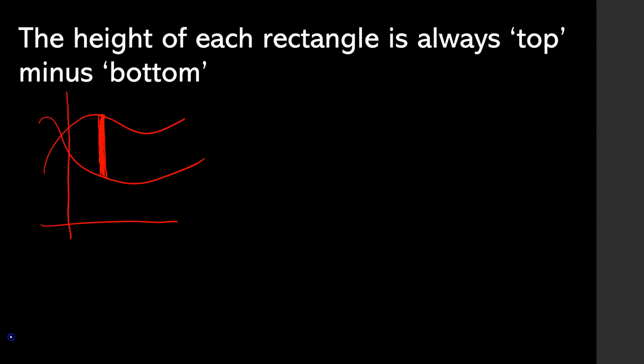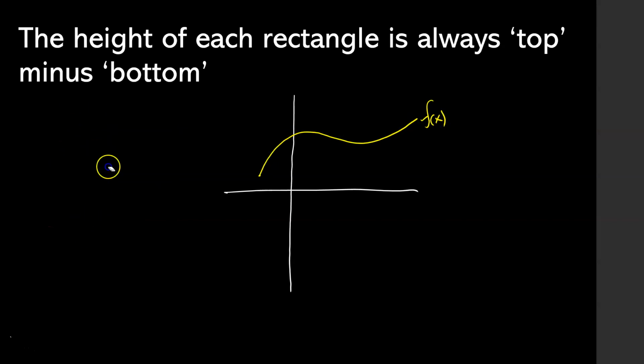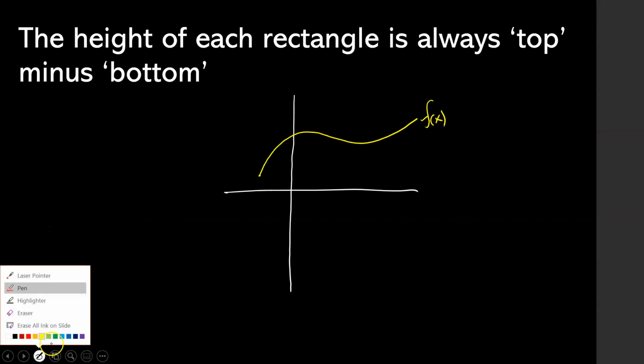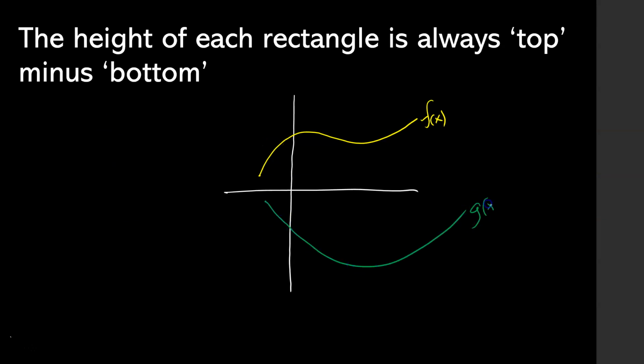What if we had one function above the x-axis and one function below the x-axis? Let's call this f of x. And let's call this g of x down here.